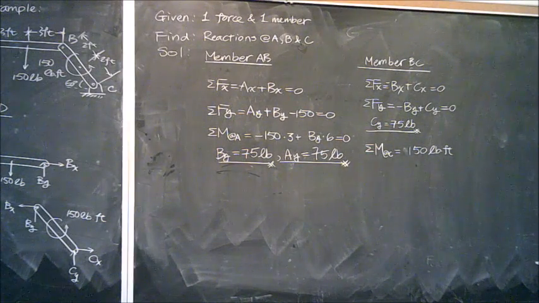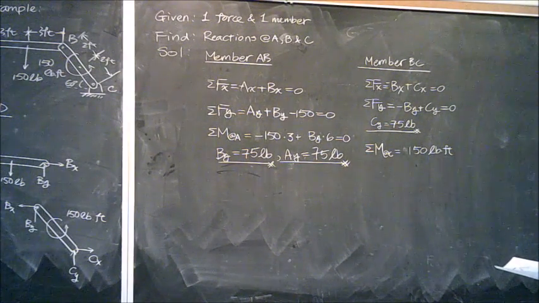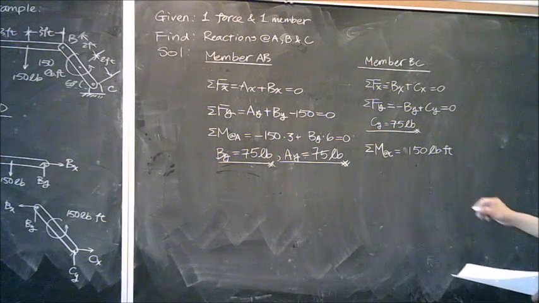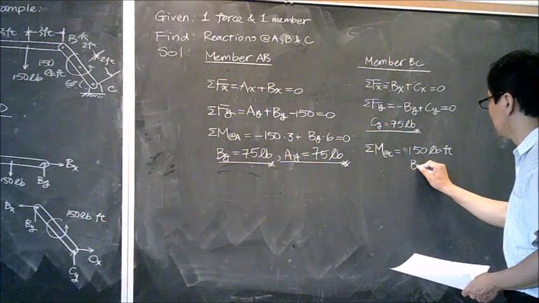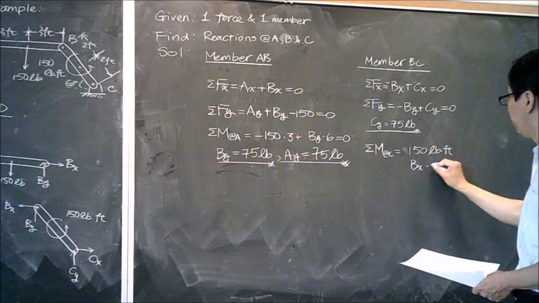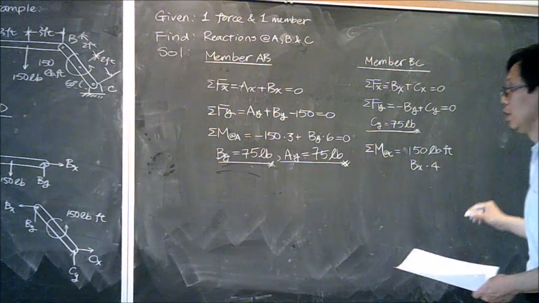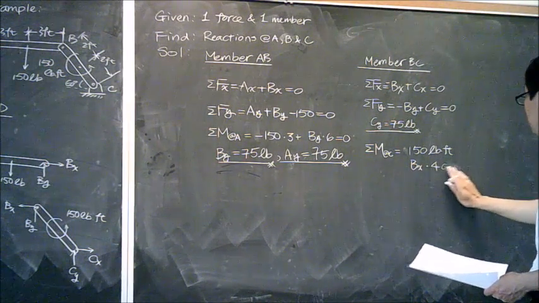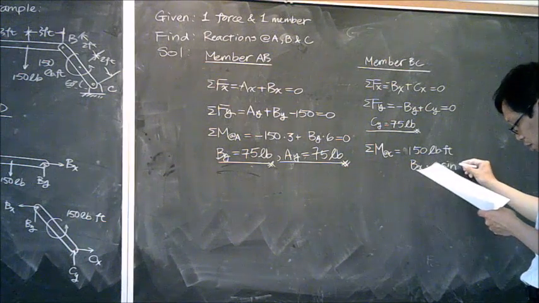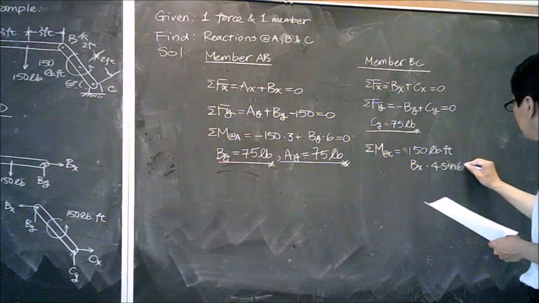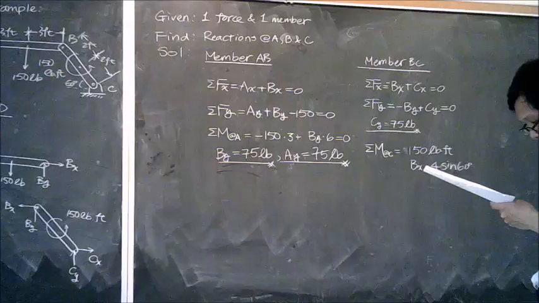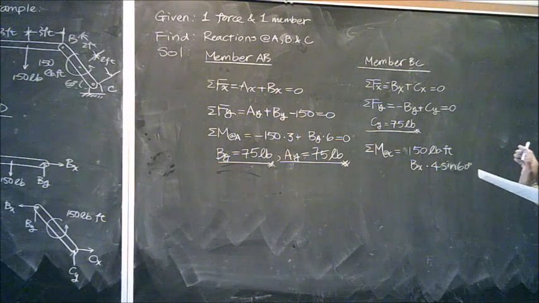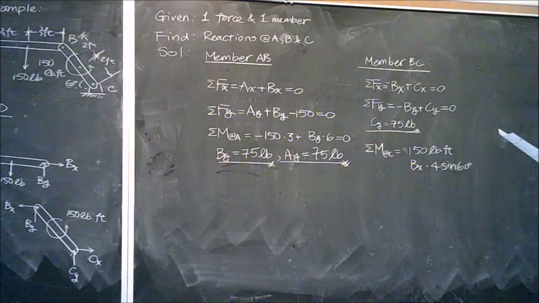And we have two forces, Bx and By, that are going to create moment, right? So if we do that for Bx, it is going to be 4 feet sine 60 degrees, and this is going to give me a positive value, right?